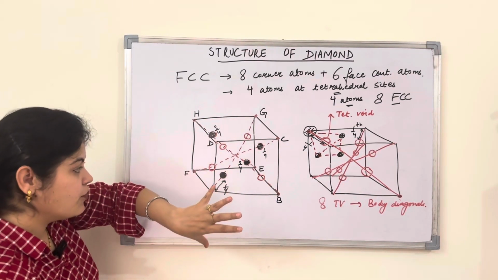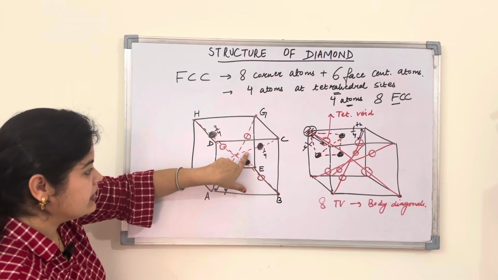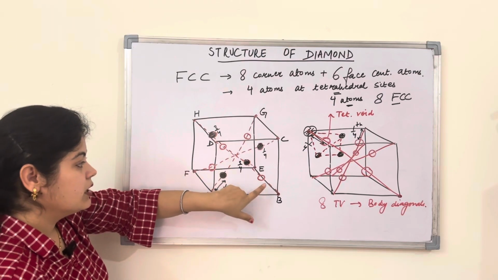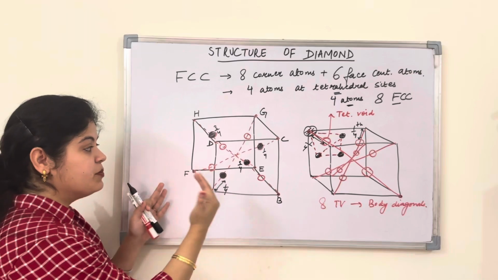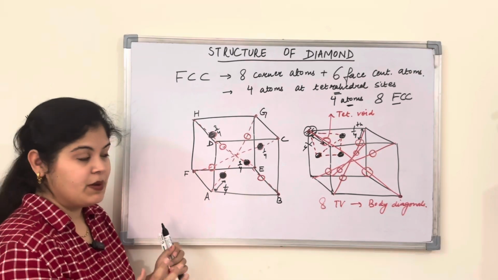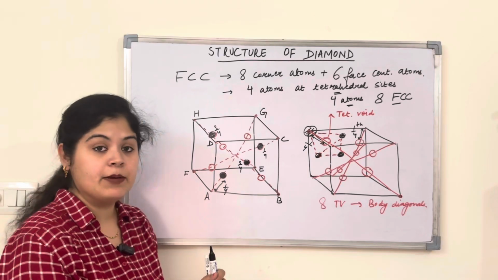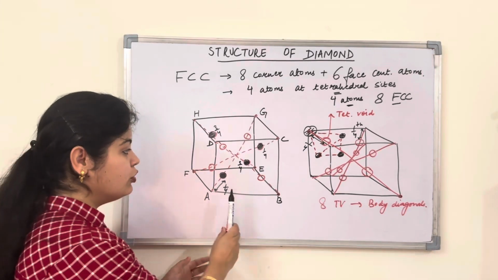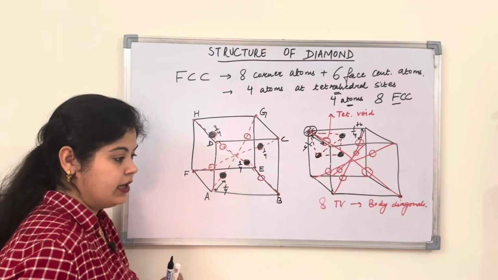So if I am looking from this side, then I will be able to locate all these atoms at their respective positions. Now there is a way to represent this situation in 2 dimension, and now we will understand. You will be having this diagram in all your books. So now you will clearly understand that diagram. So I'll just draw it parallelly here.